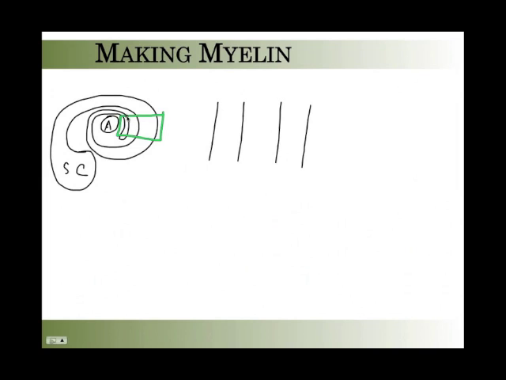That means that this is the cytoplasm of the Schwann cell. And so we're just going to denote that like so. And that means that this space here, X, is this space here, and this corresponds to extracellular space. So we have plasma membrane, cytoplasm, plasma membrane, cytoplasm, plasma membrane.